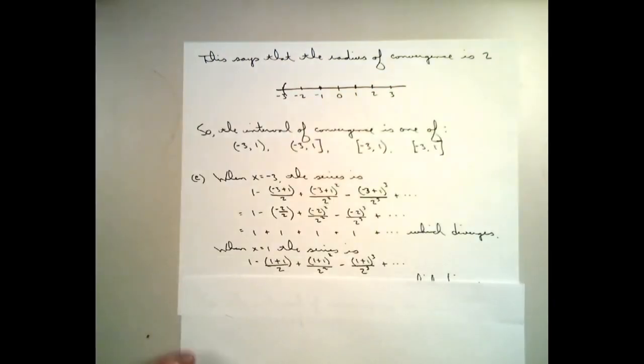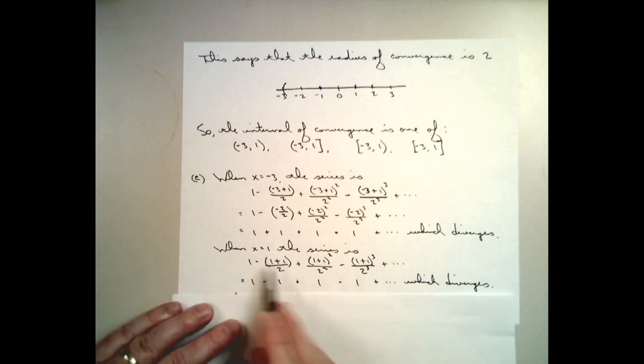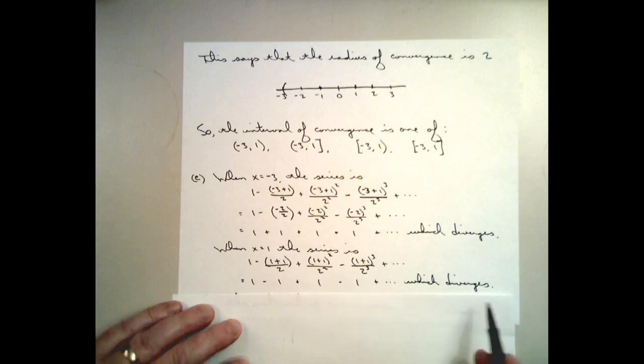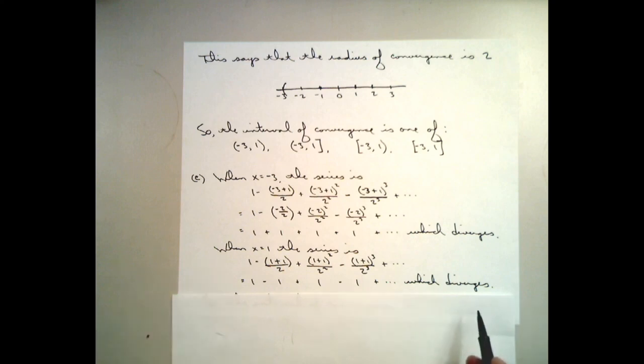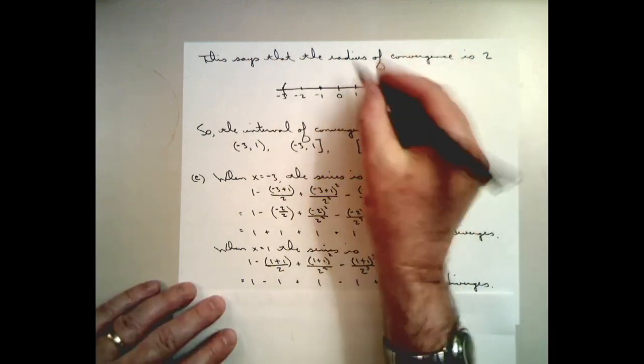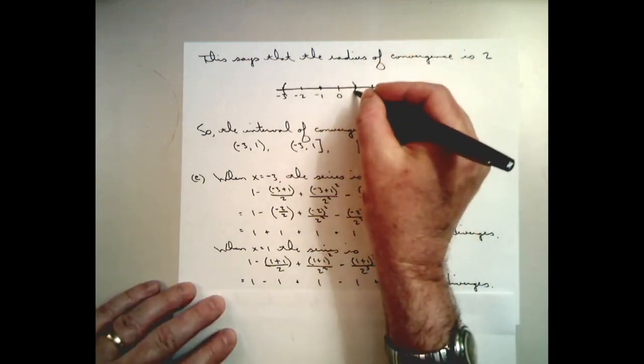All right, so I'm going to have 1 minus 1 plus 1 minus 1, and so on. We've talked about this series at length. That's a divergent series. And so we're not going to include that endpoint either.